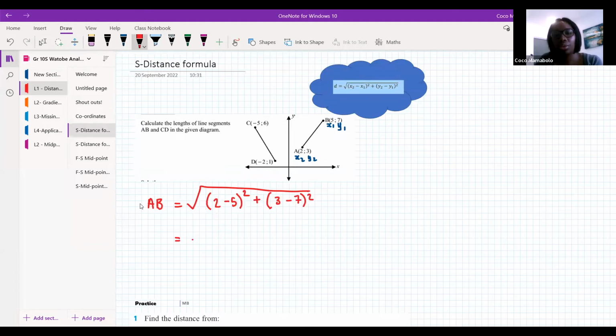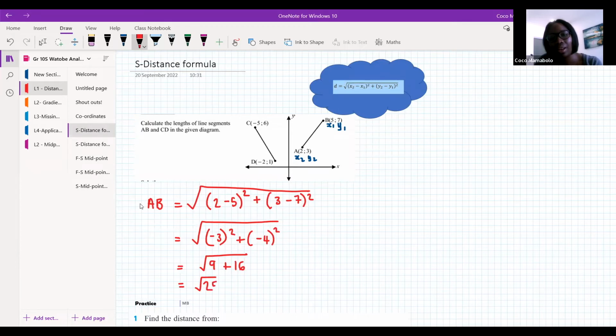And then we're going to calculate for the square root. 2 minus 5 will give me negative 3, all squared, plus 3 minus 7 is negative 4, all squared, which is equal to the square root of negative 3 squared, which is 9, plus negative 4 squared, which is 16, and that is the square root of 25, which is equal to 5.